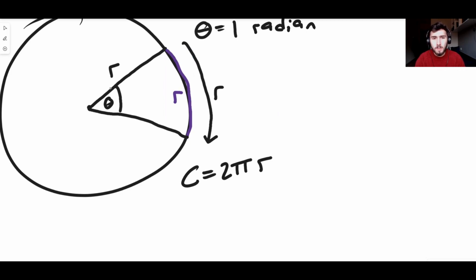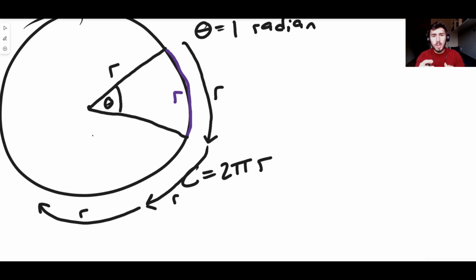But this is why. 1 radian corresponds to 1 radius going round the circle. In the circumference of a circle, you've got 2 pi radii, which means if you go round with another r, there's another r for you, and another r, and so on. Keep going round and you would end up with 2 pi r's in the circumference.